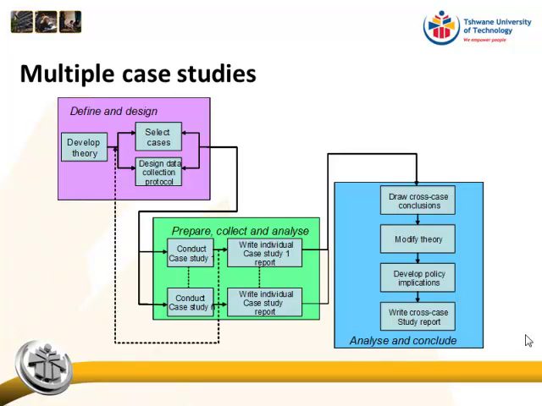Then you write an individual report for each case study, where you summarize your findings, and then you have to draw cross-case conclusions. This case study might not have 100% proven the theory, but it could be because of a certain thing in this case, while the rest of them supported the theory.